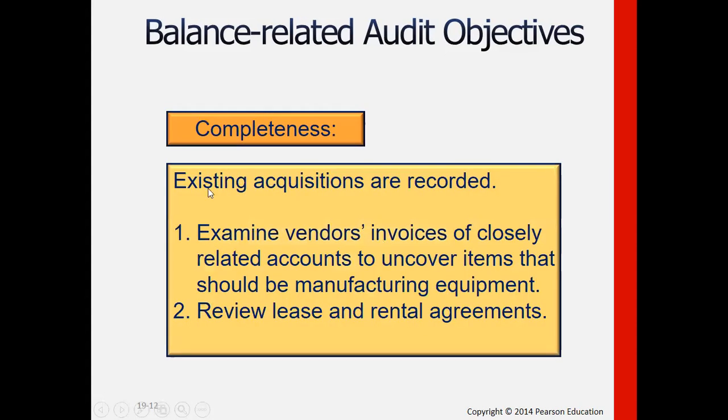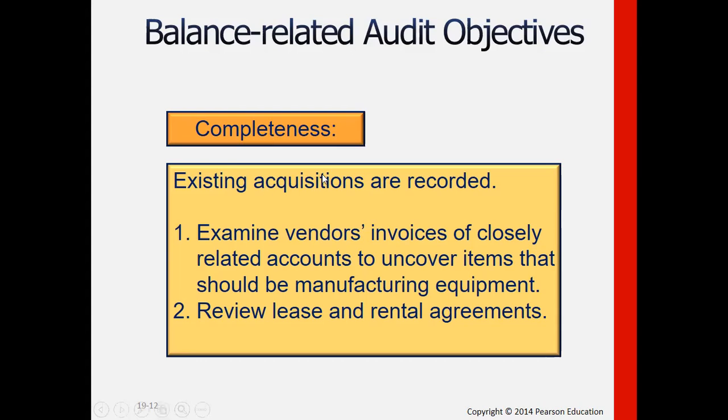Next would be completeness. We have to check if those transactions that actually existed have been recorded. So examine again vendors' invoices of closely related accounts to uncover items that should be manufacturing equipment. In fact, we've said that completeness would be involving starting from the source documents to the accounting record. So we look into the vendor's invoices to our, let's just say, journals and ledgers for the equipment and assets acquired.